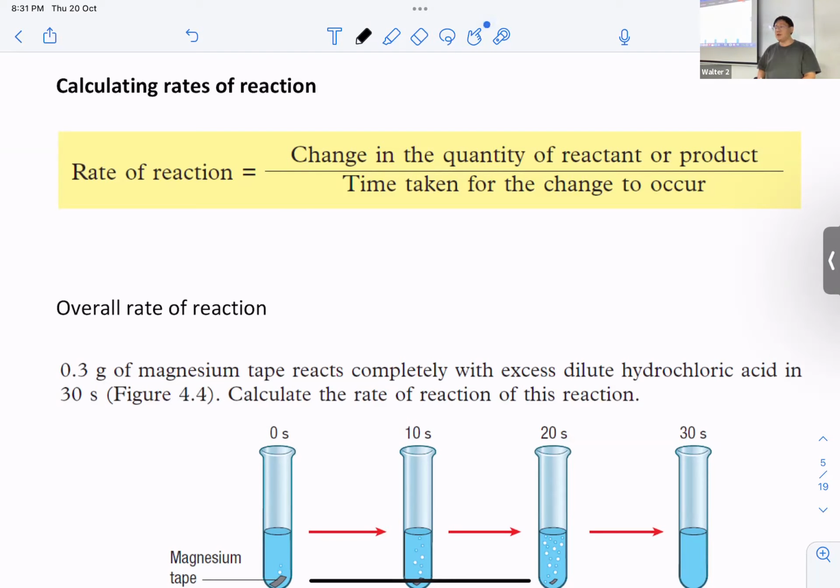Okay. So rate of reaction is the change in quantity of reactants or product over time taken. So which means you're going to see either you want to calculate the reduction in the reactants over time, or you want to calculate the amount of product that is being formed over time, either in the form of loss of mass or in the form of collection of gases, up to you, okay?